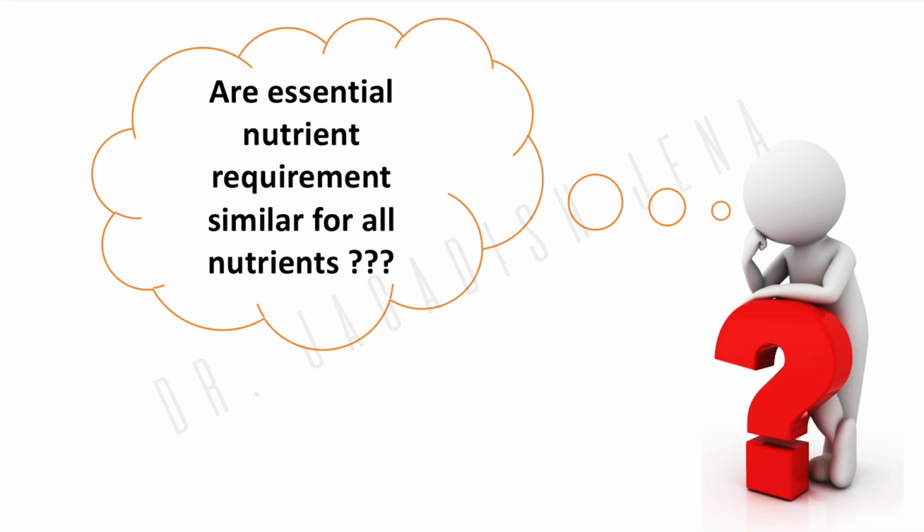Are essential nutrient requirements similar for all the nutrients? Whether all the mineral nutrients we have seen so far, like the 18 essential nutrients, is their requirement similar, equal for the plant system?